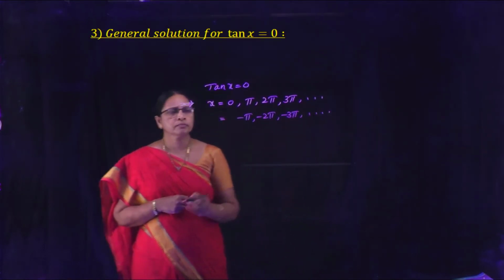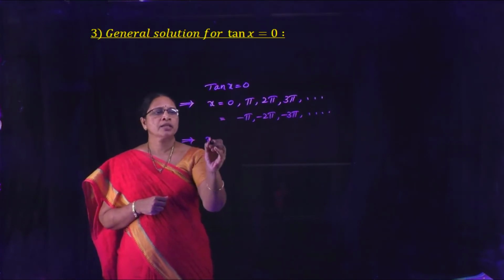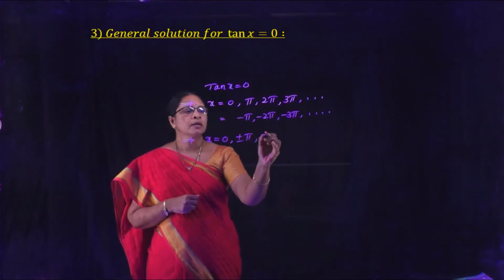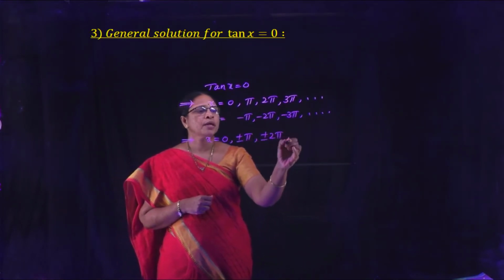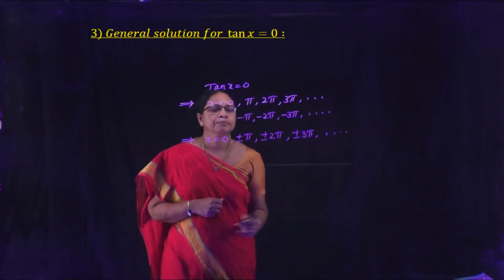By combining all these values, we get x is equal to 0, plus or minus pi, plus or minus 2 pi, plus or minus 3 pi, and so on.